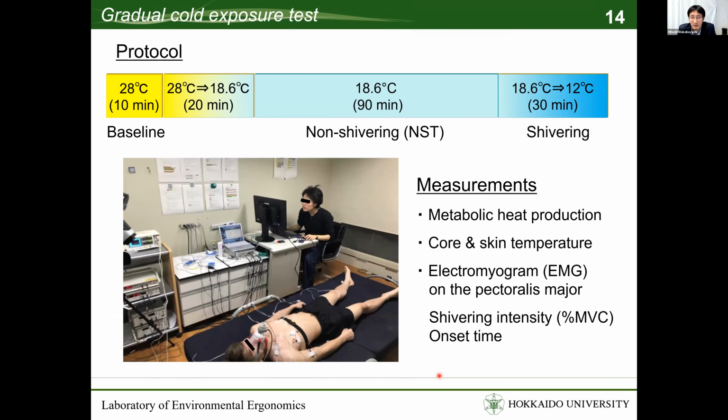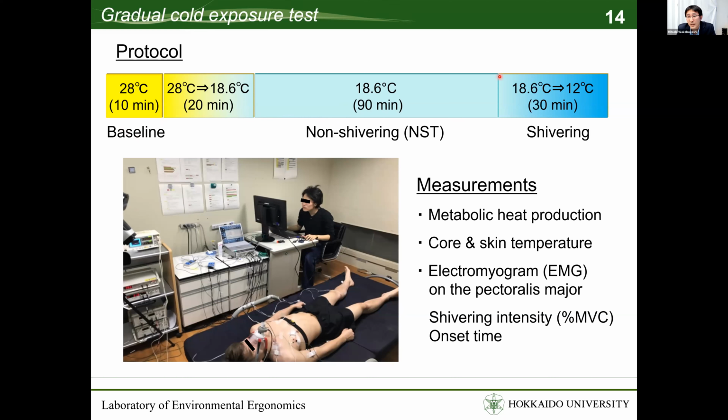Then they conducted this gradual cold exposure test. Starting from the thermoneutral baseline, we gradually decreased the temperature to 18.6 degrees Celsius, and they stayed in the mild cold environment for 90 minutes to induce the non-shivering thermogenesis.